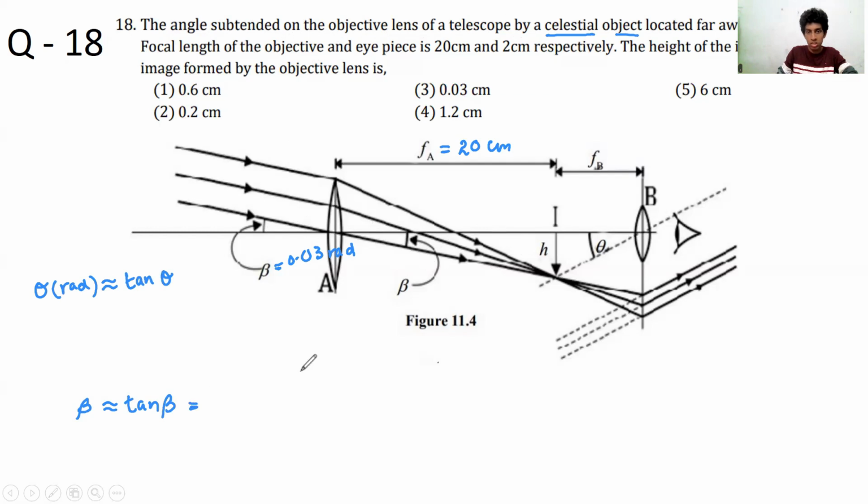So tan beta is equal to the opposite, that means h, divided by the adjacent, which is the focal length of the objective. So beta equals 0.03 rad, and we should find h, and the focal length of the objective lens is 20 centimeters. Therefore, h equals 0.6 centimeters. So the first one is the correct answer.